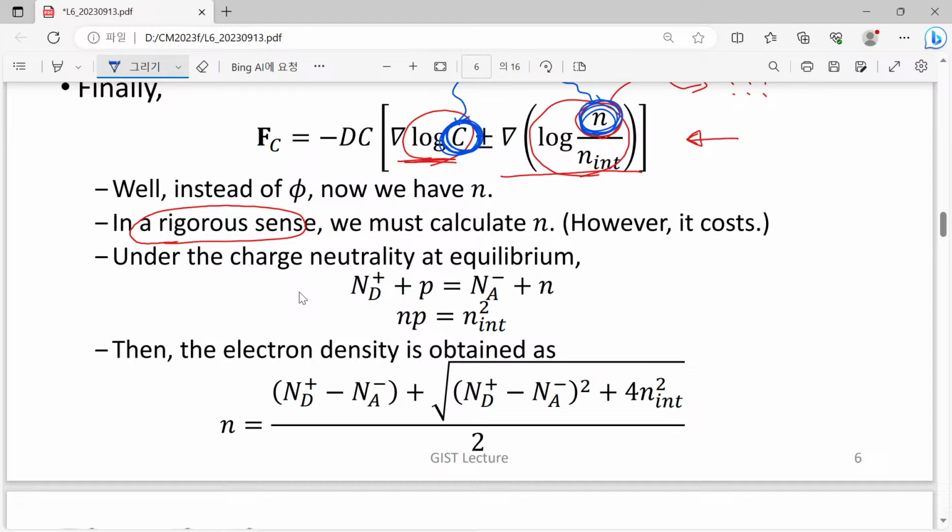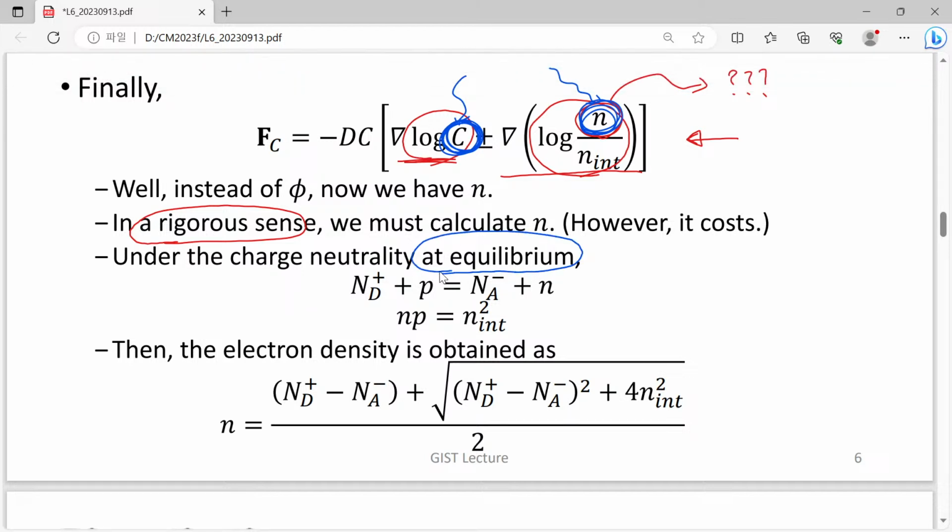It's not, unfortunately. Even at equilibrium, even when we assume equilibrium, this approximation called charge neutrality is not valid at all. It is a pure approximation, and our solution obtained from this charge neutrality condition would not be good enough.